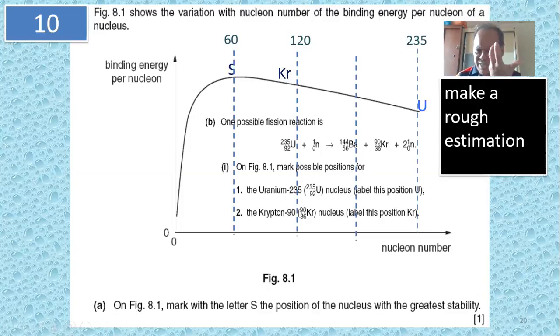Make a rough estimation. They don't expect very accurate answers. If you put your krypton here, then you will be in trouble. S must be at the topmost there, not at this part, not at that part there.